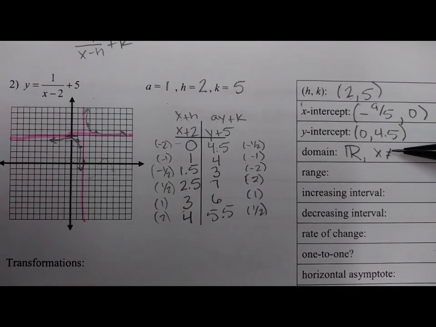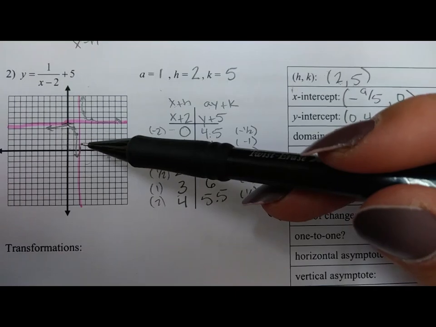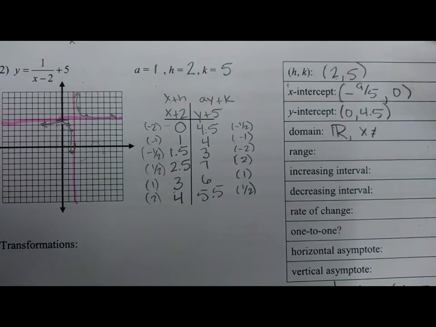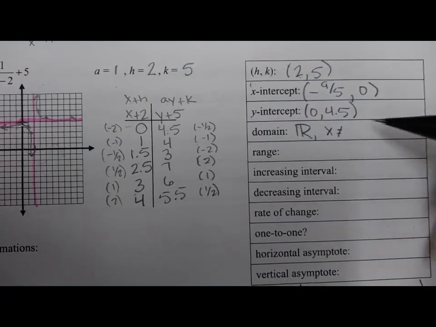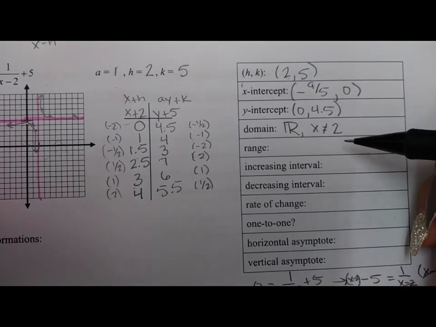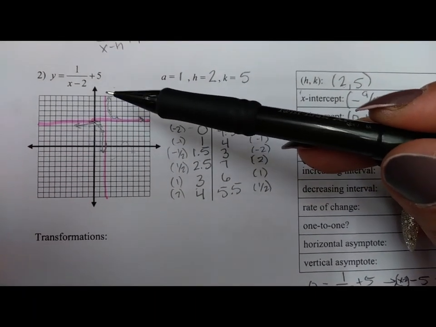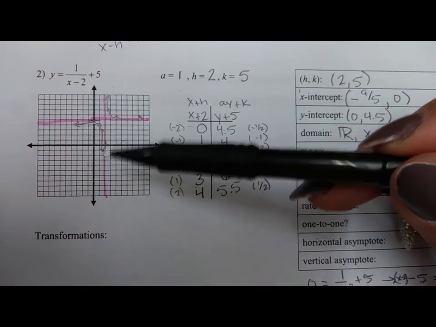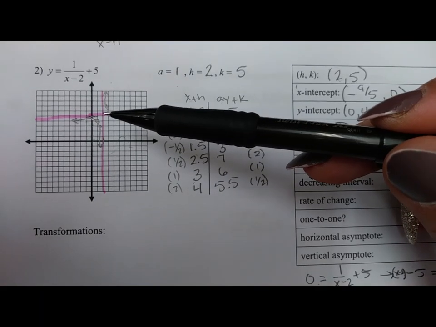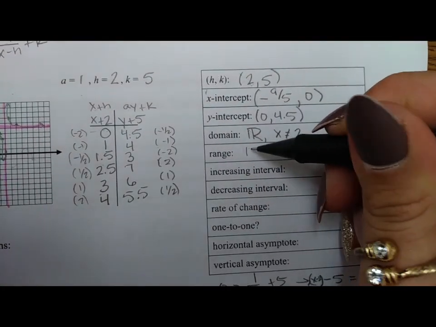So x will never equal 2, because 2 is the asymptote where it approaches, but it never touches. Same with the range. The range goes up and down forever, except at 5, because it will never touch 5.